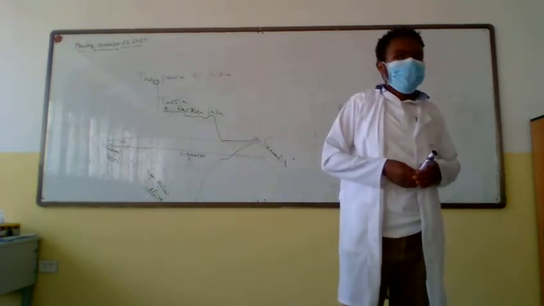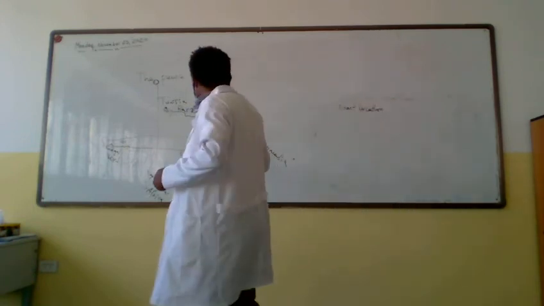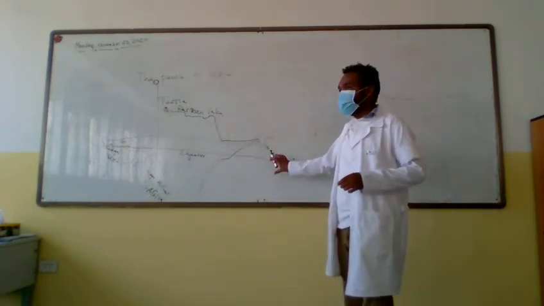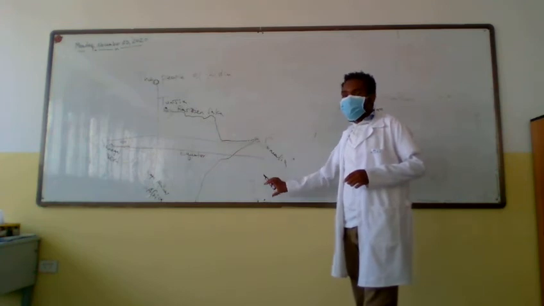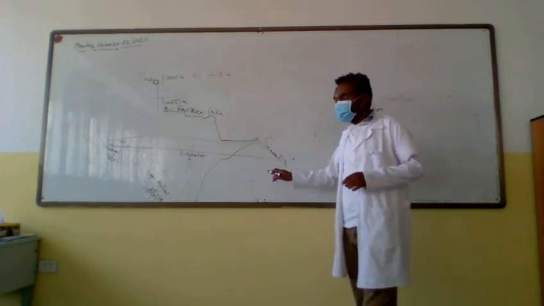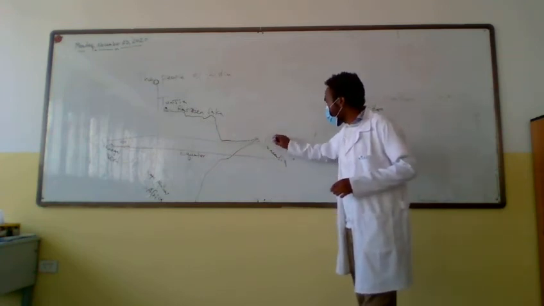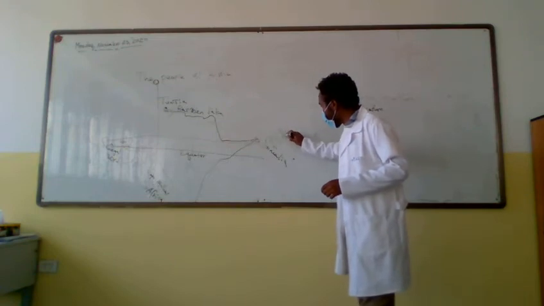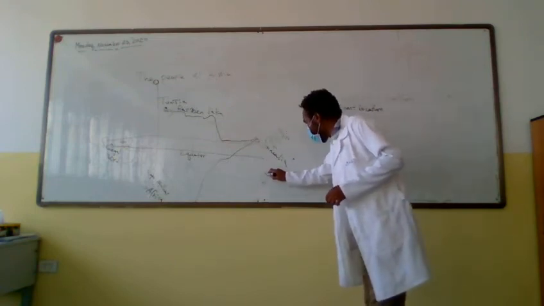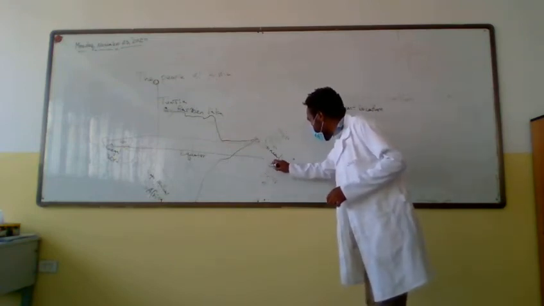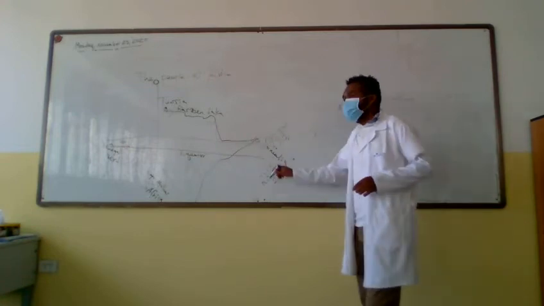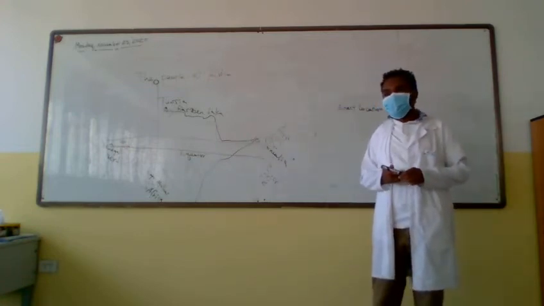It makes us different. And also the two tropics, Tropic of Cancer and Tropic of Capricorn, at 23.5 degrees, pass through Africa.